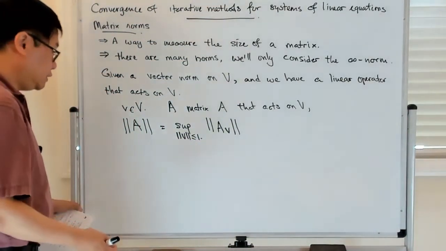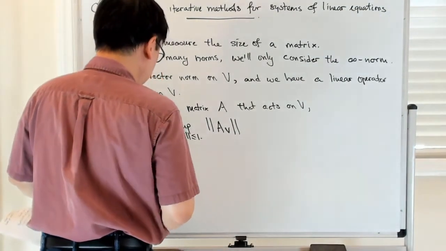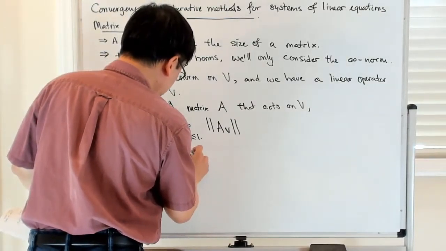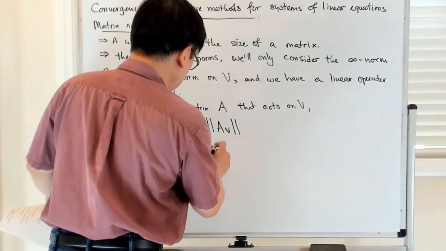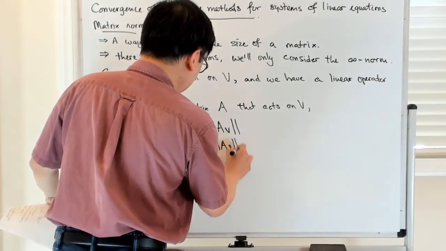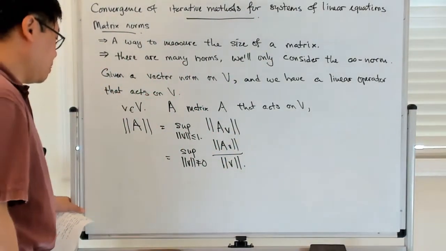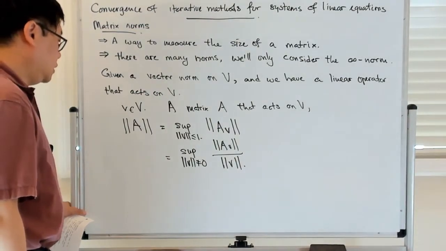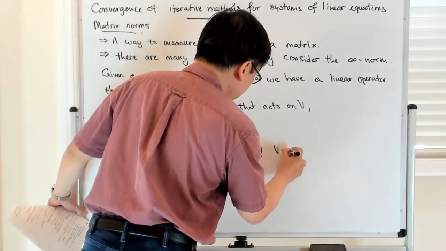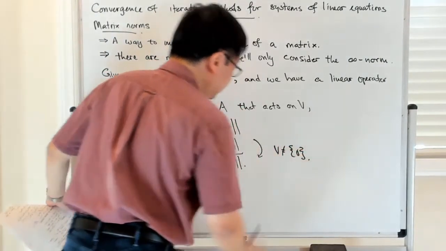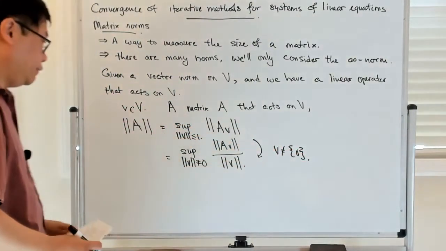There are many equivalent ways of writing this. It's also sometimes written as the supremum over norm of V not equal to 0 of the norm of AV divided by the norm of V. I should say that going from here to here, we need to assume that V is not just the 0 vector. Okay, that V with just a 0 is still a vector space.